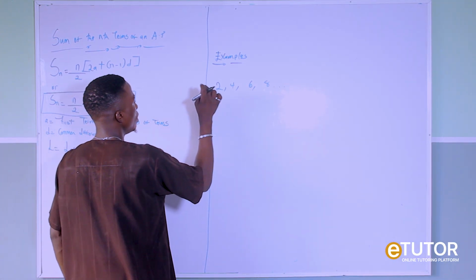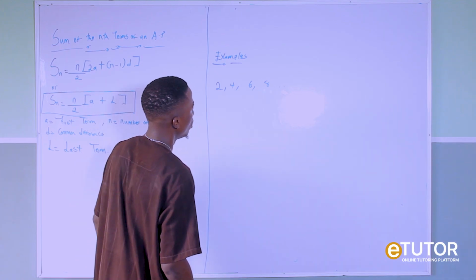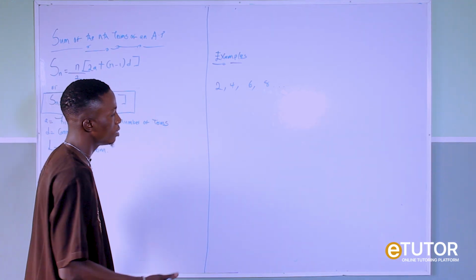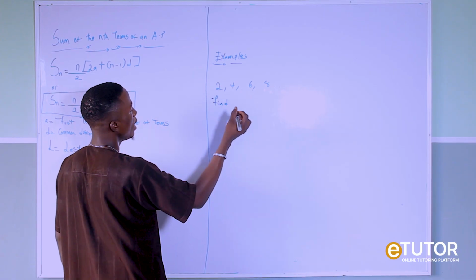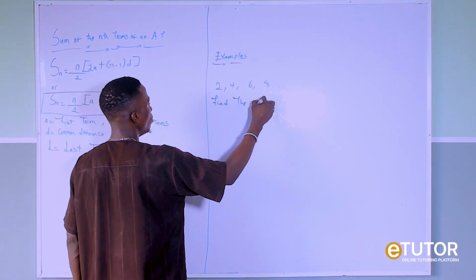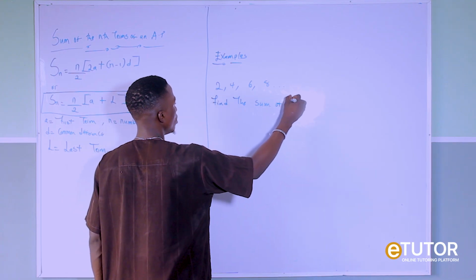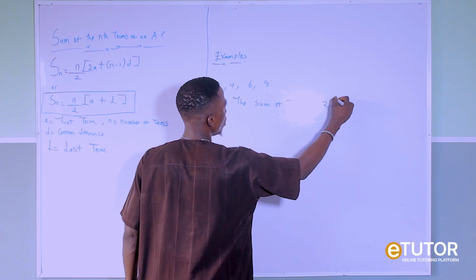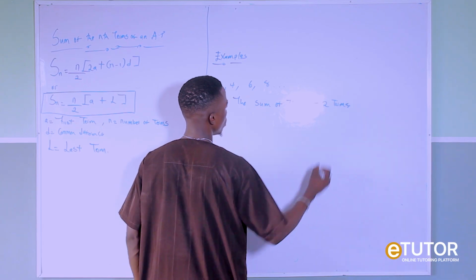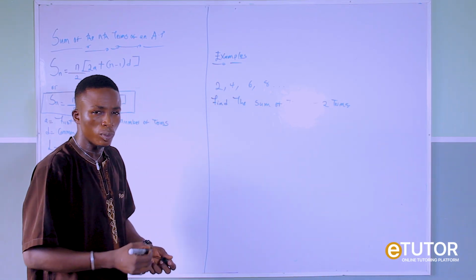So now, we have 2, 4, 6, 8. So let us say you're asked to find the sum of the first 2 terms. Now, I'm building up to something here.